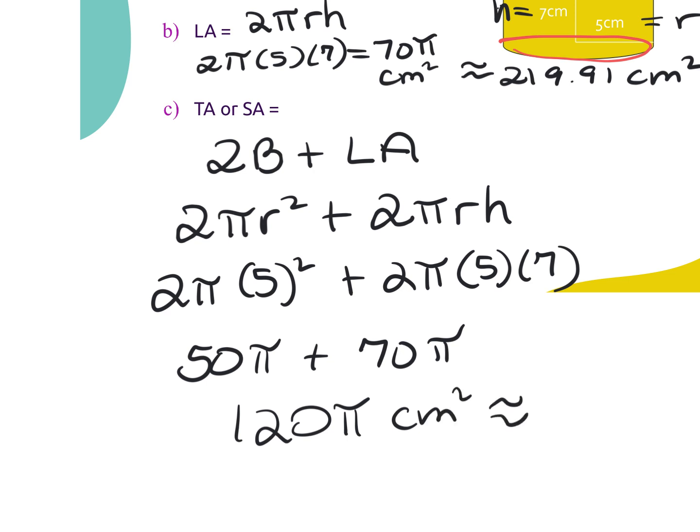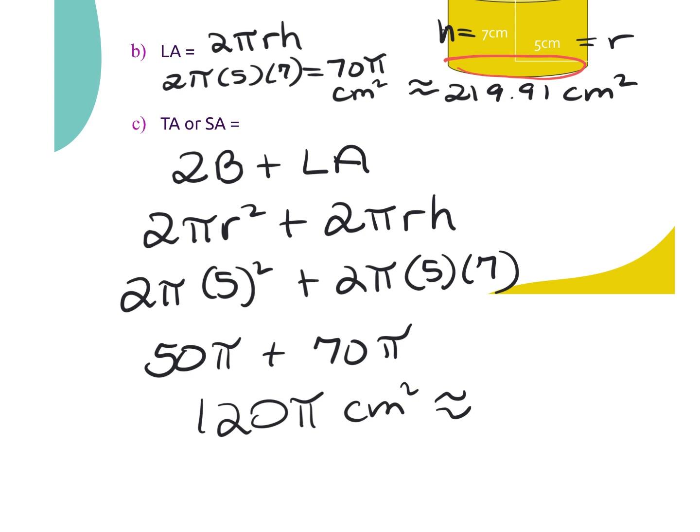Rounded to the hundredths place, 120 times pi, 376.99 centimeters squared.